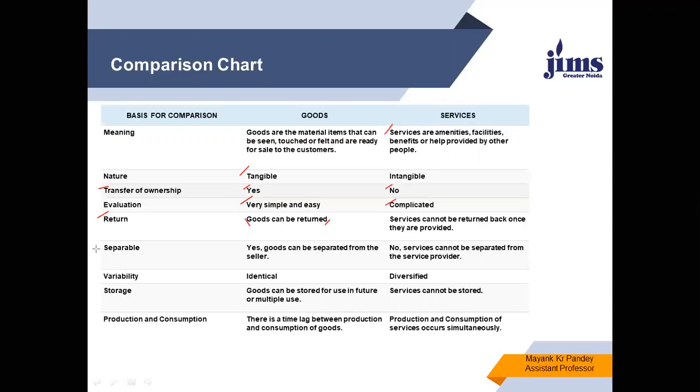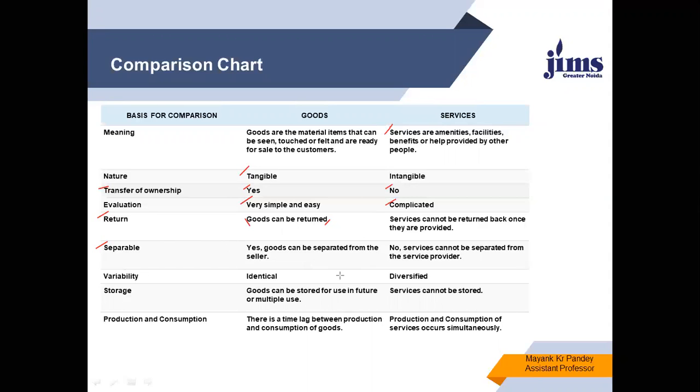Now come to separability. Yes, in the case of goods, production and consumption can be separated, right? And it can also be separated from producer to distributor, distributor to dealer, dealer to retailer, retailer to seller.